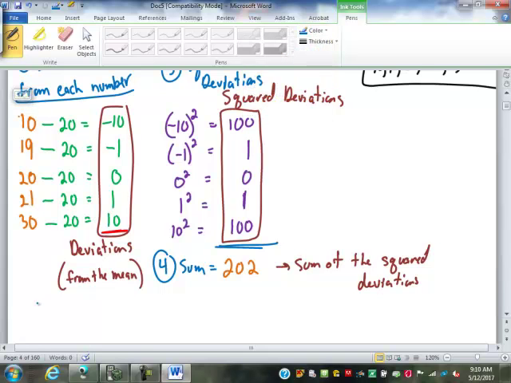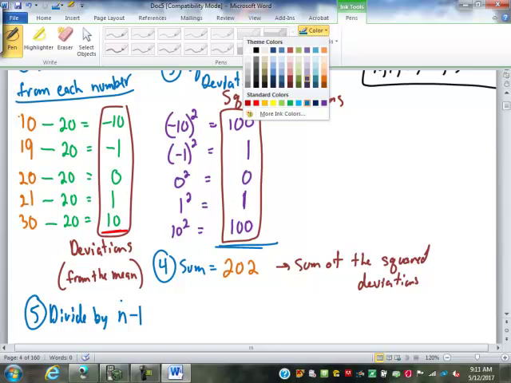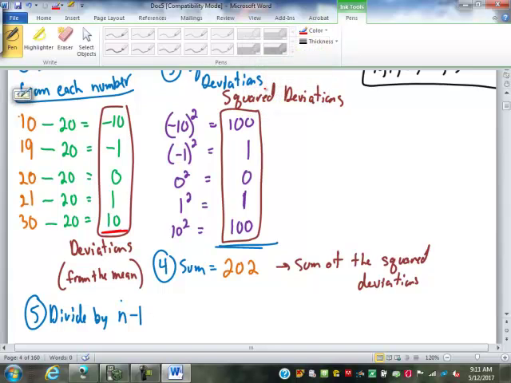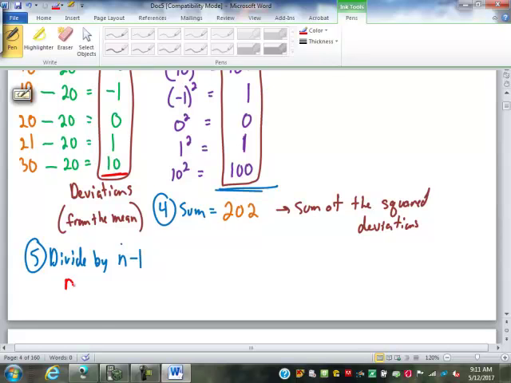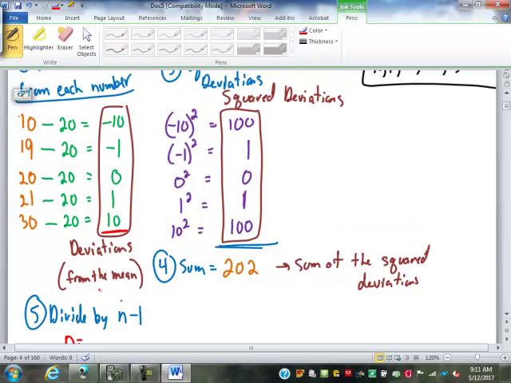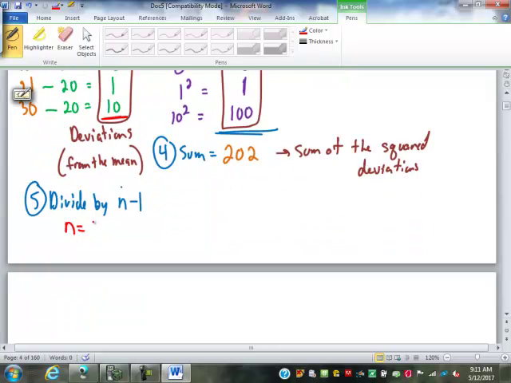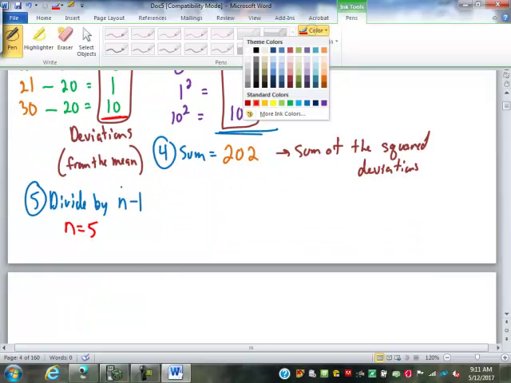Step 5 is a little more complex. Step 5 is to divide by n minus 1. For this set of data, what does n equal? Is that your mean? No, n is the number of numbers in the list. So n is 5.